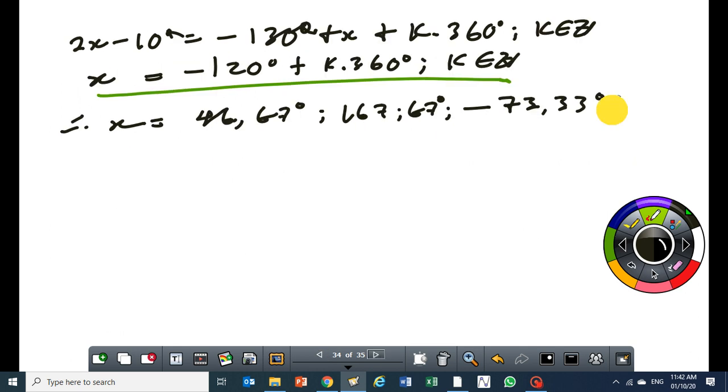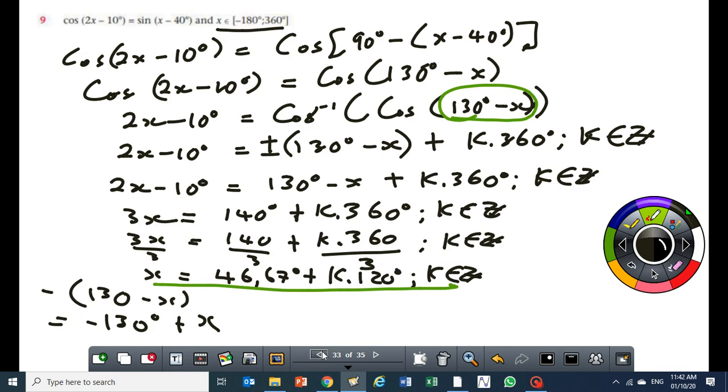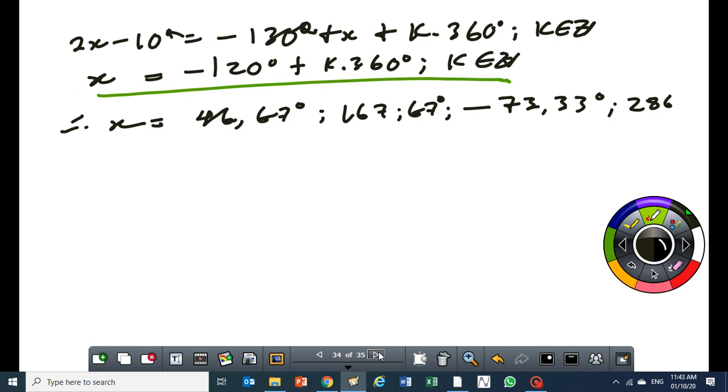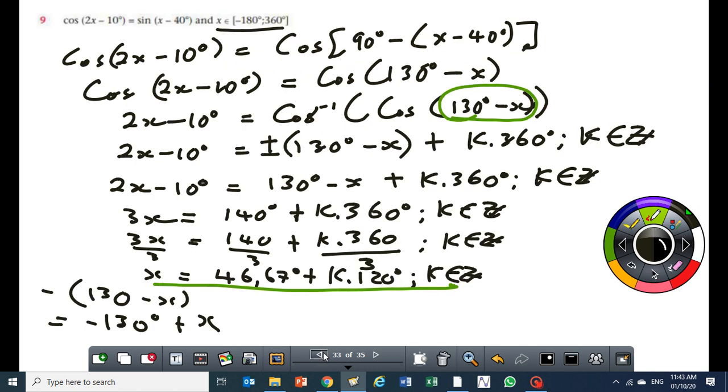Okay, so that's also a solution. 286.67 degrees.